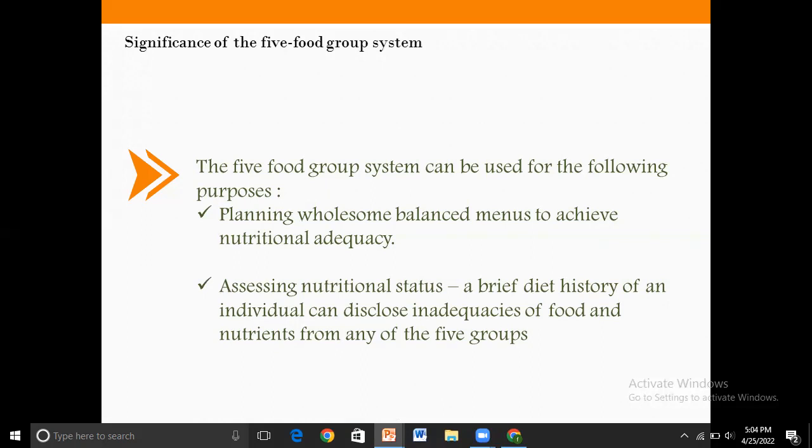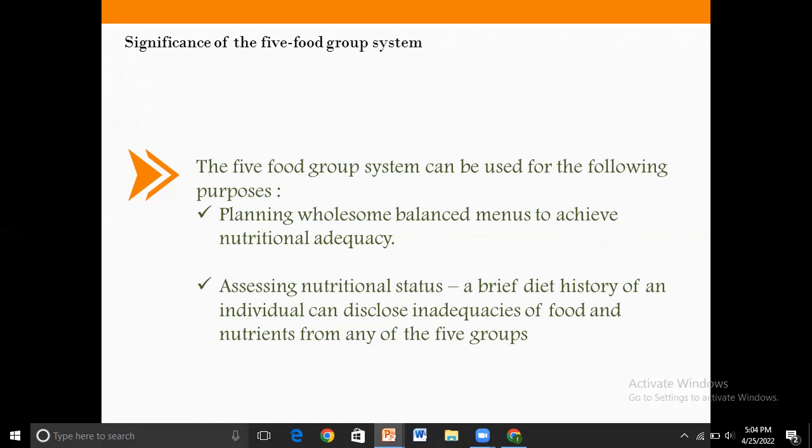Then assessing nutritional status. Now when you are doing research in nutritional science, how do you know whether a person has a good nutritional status or not, other than just by visual inspection? You ask that person, do you eat these foods? Do you eat food from the pulse category? Do you eat vegetables and fruits? Do you eat meat?